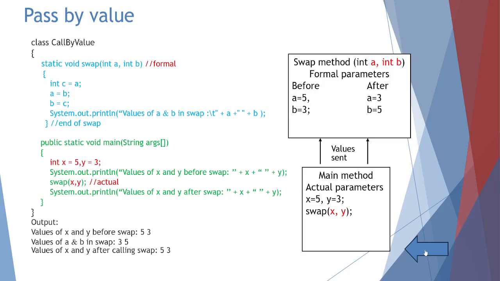Swap is being called. x comma y is sent. And a copy went and was stored in int a and int b. Before swapping, a was 5, b was 3. But after those three statements, a became 3 and b became 5. And it prints 3, 5.